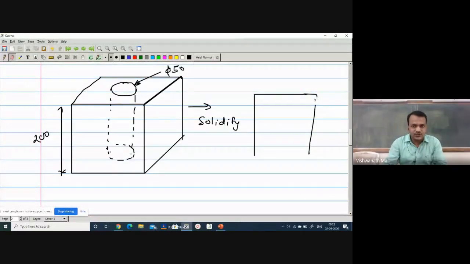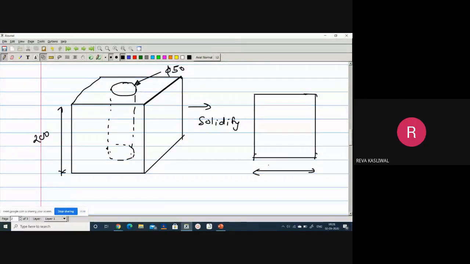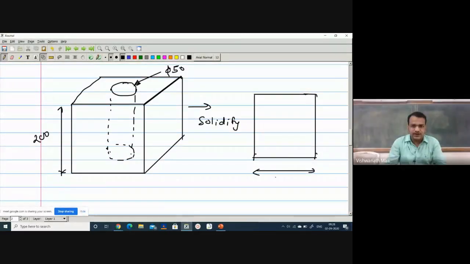So the original dimension is 200. If you make the pattern of exact size, after solidification, what will be the dimension of this cube? It will be greater than or less than 200? Less. Less than 200. Suppose it is 198.